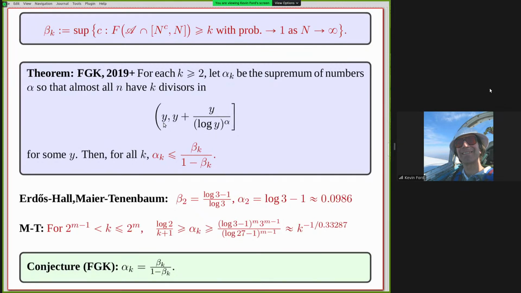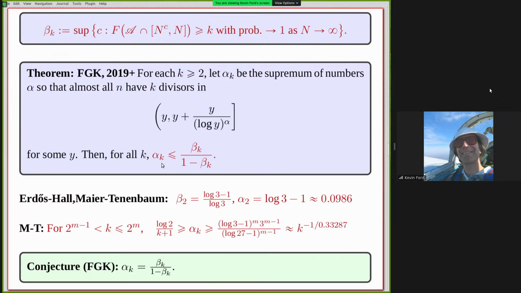Okay, so this is much shorter than dyadic. So it corresponds to the problem of maximizing the constant alpha so that with high probability, a random integer will have k divisors in such an interval for some y.